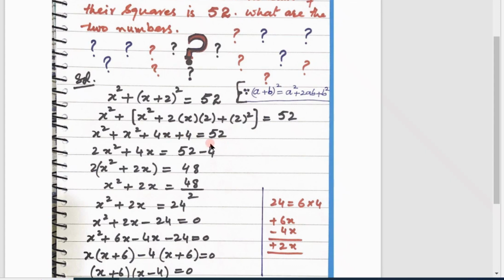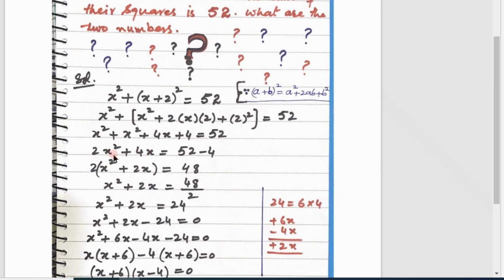We are going towards middle term breaking. Now plus 4, when shifted towards the right side of the equal sign, will become minus. 52 minus 4 will be 48. x square plus x square, because 1x square plus 1x square will become 2x square, and plus 4x. Plus 4 will be shifted towards the right side.